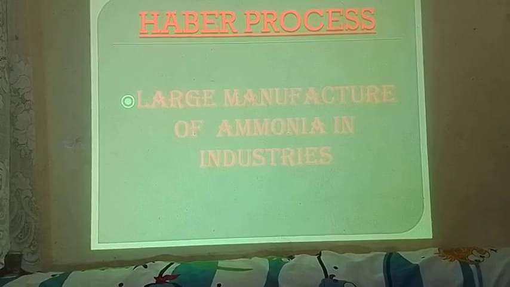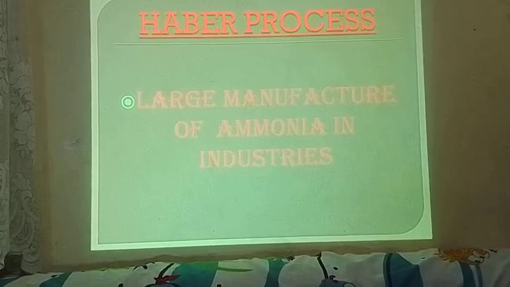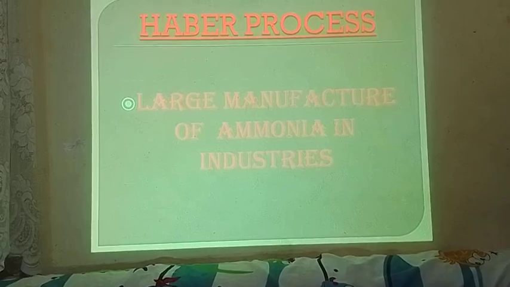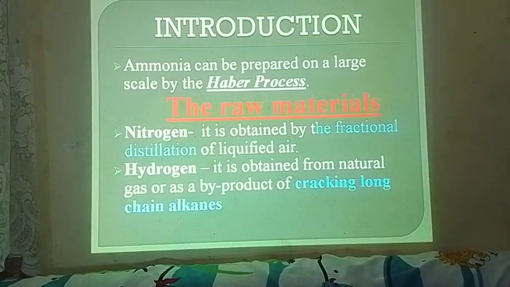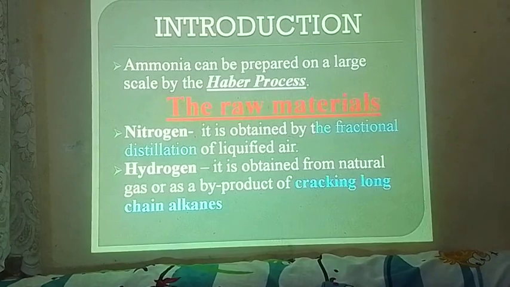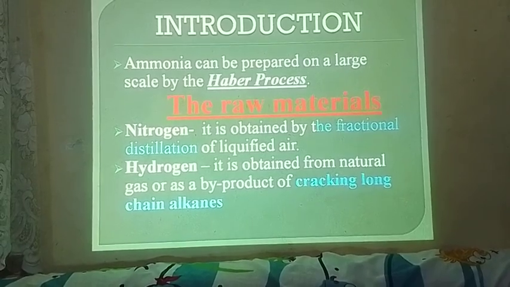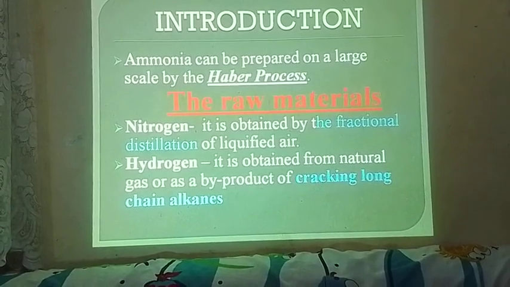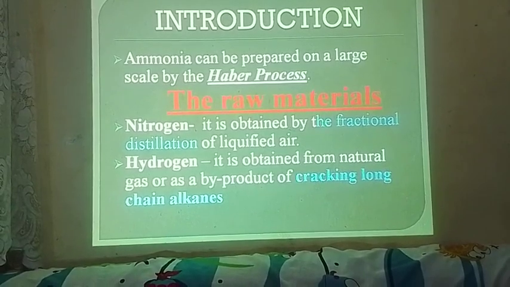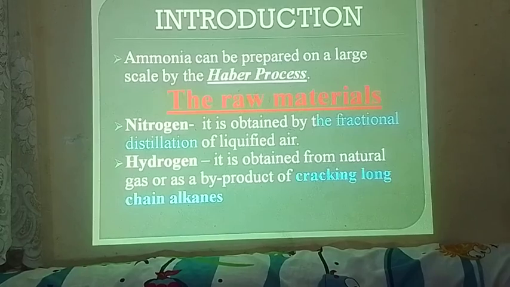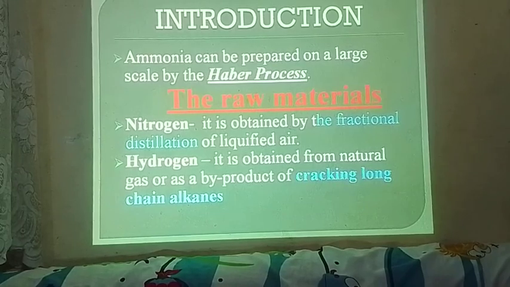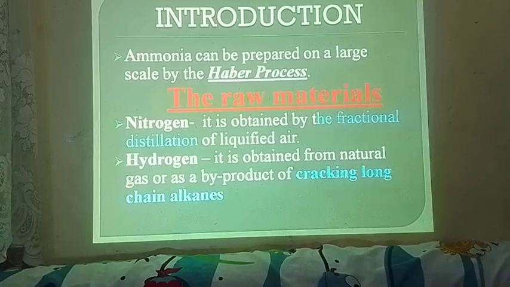So when they are manufacturing the ammonia, they need some raw materials, and these raw materials are nitrogen, and we know very well that nitrogen is being obtained by fractional distillation of liquefied air. That is a topic in form 1, and also in form 3 is a repetition. In form 3 we shall look at how we obtain it using fractional distillation.